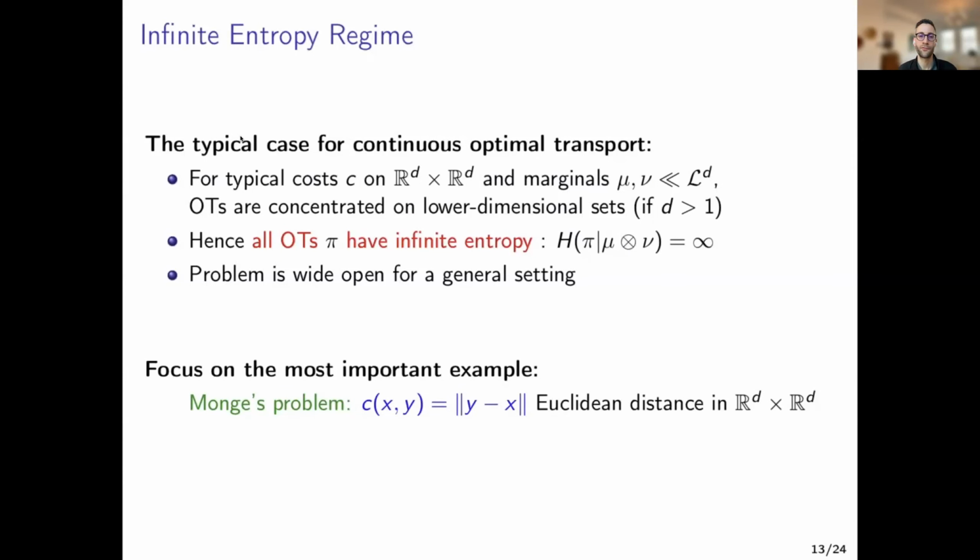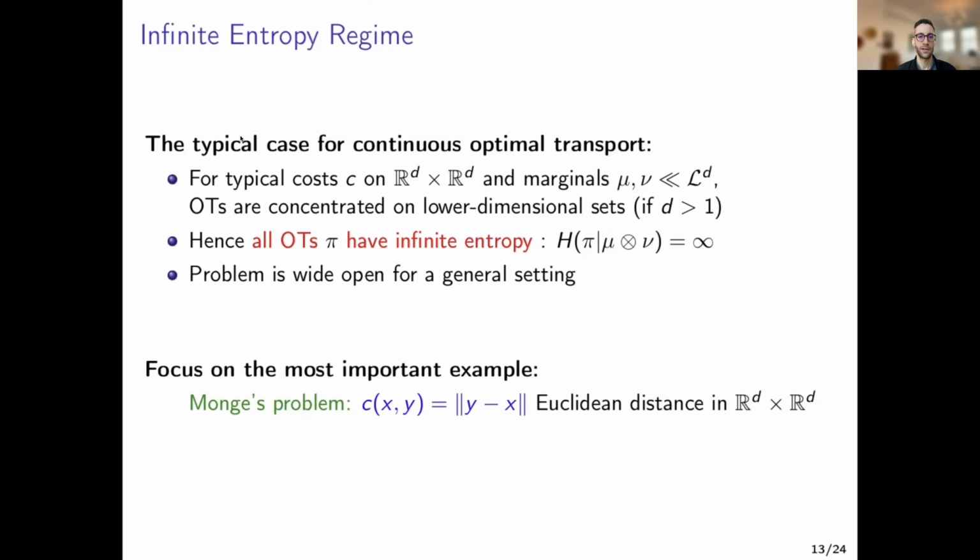At least for mathematicians working in optimal transport, the standard setup is something like this. Your marginal measures have some nice densities with respect to Lebesgue measure in R^d, and you have a nice cost function, maybe convex. And then it is observed that in most cases, all optimal transport plans are actually concentrated on lower dimensional sets, at least if the dimension is not 1.